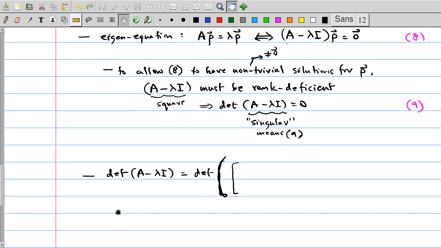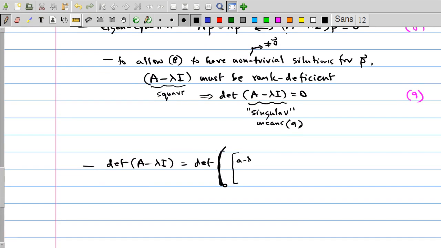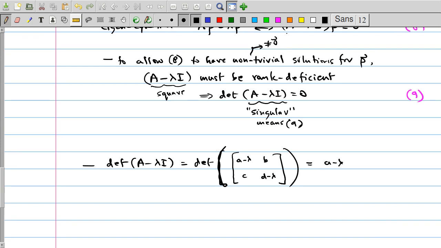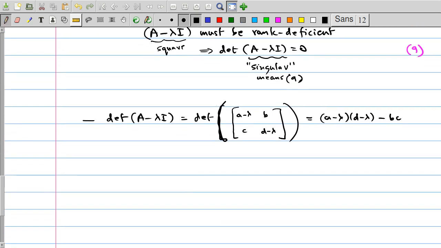So A minus lambda I is small a minus lambda, b, c, small d minus lambda. And we know there is the formula: it's the product of the diagonal terms minus the product of the off-diagonal terms. So (a minus lambda) times (d minus lambda) minus b times c.